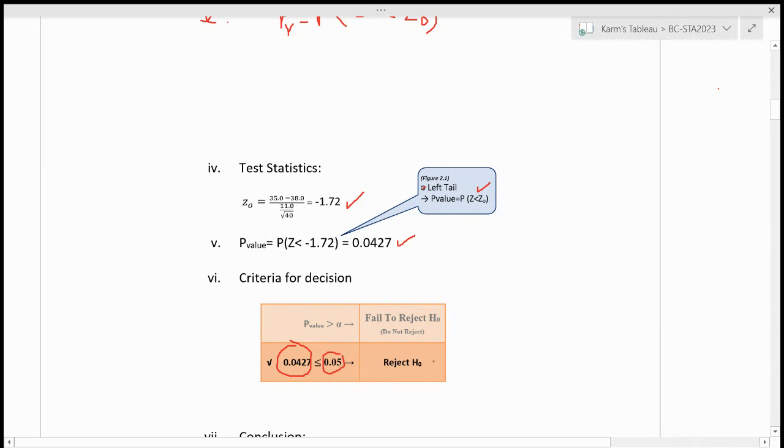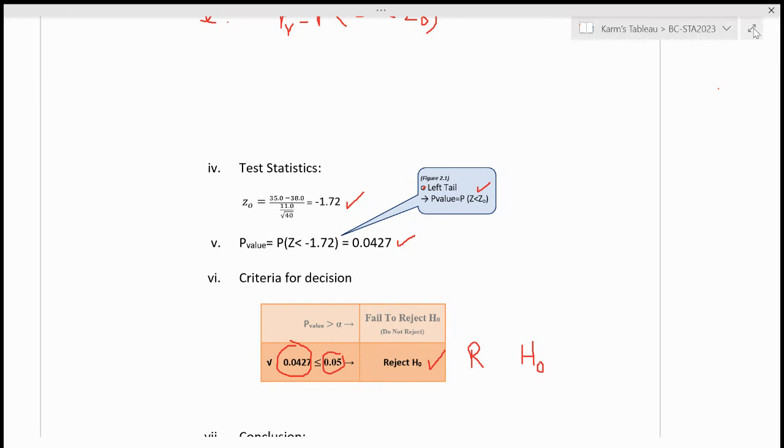Now because it's less than 0.05, you're going to have to reject H0. Can you repeat that again, professor? If the p-value is less than alpha, you're going to have to reject H0. If it's bigger than alpha, you fail to reject H0.